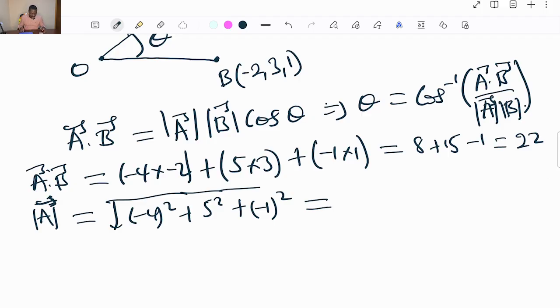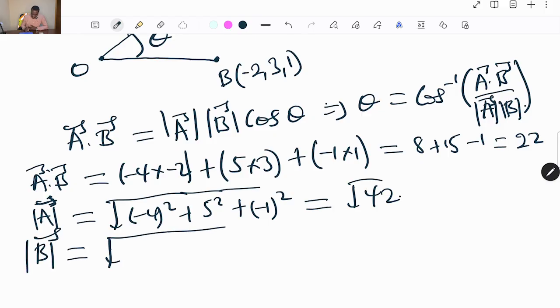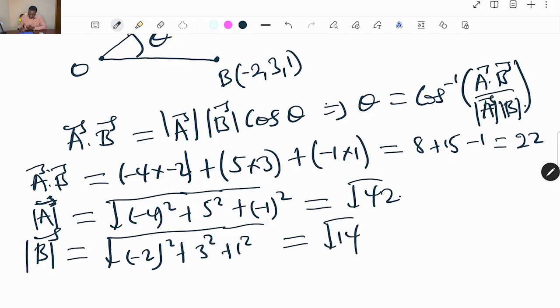So we get root 42. Now let's get the magnitude of vector B. We have -2 squared plus 3 squared plus 1 squared. -2 squared is 4, plus 3 squared, which is 9, so 4 plus 9 is 13. 13 plus 1 is 14. So you have root 14.